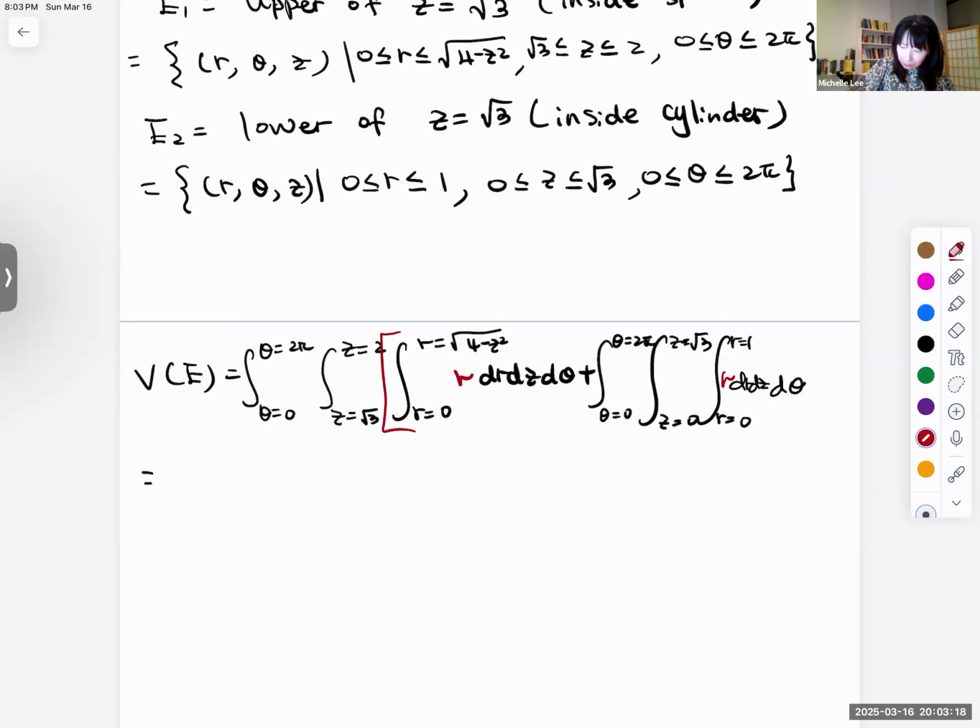Let's do that. We want to integrate with respect to r first.